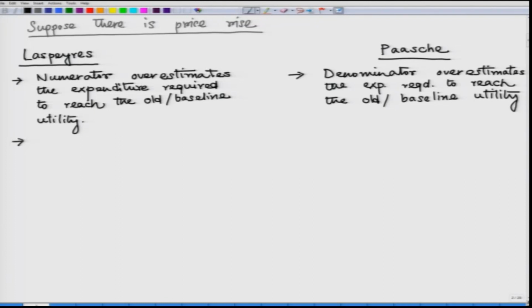So, the implication of this overestimation problem is the following: the Laspeyres index is biased upward. Why?